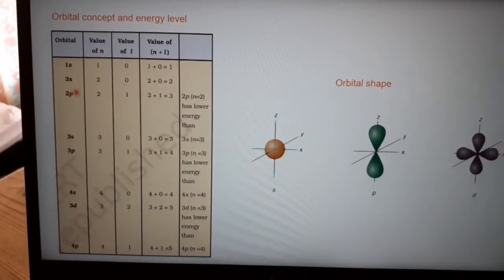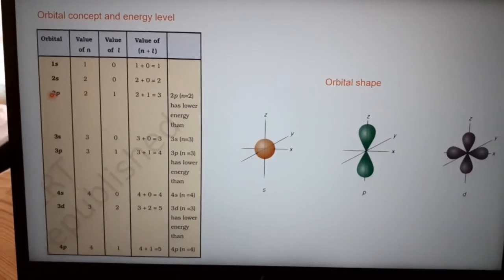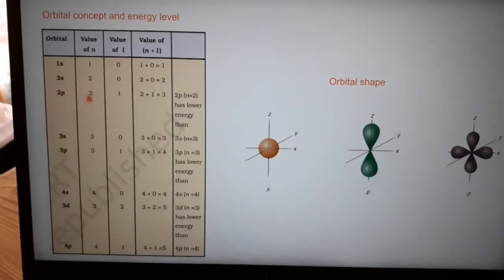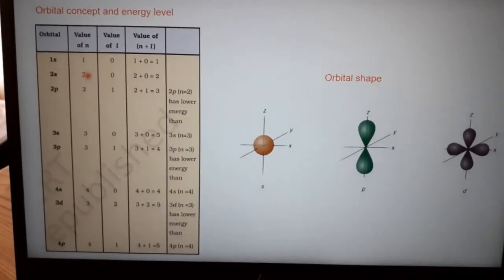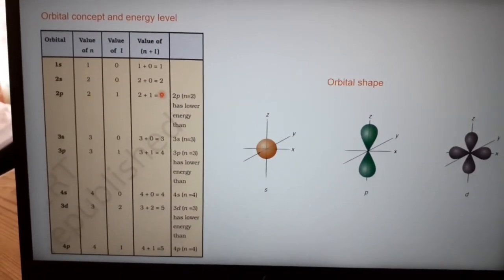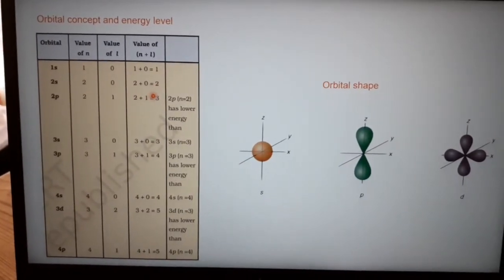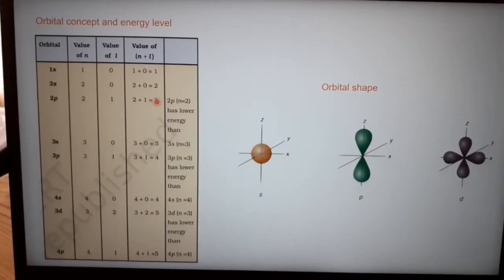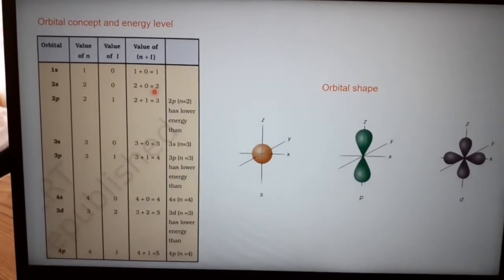Then how will you know which orbital fills first? The n value alone is not sufficient. You need to remember the n plus l value. If the n plus l value is higher, the energy of the orbital is higher. If the n plus l value is lower, the energy of the orbital is lower.